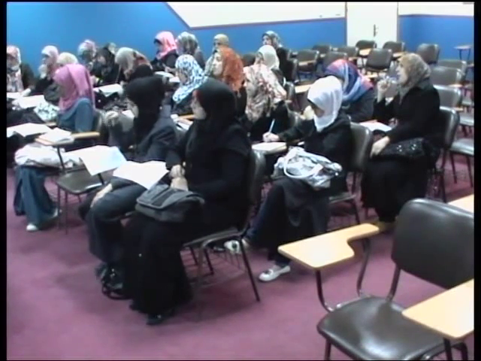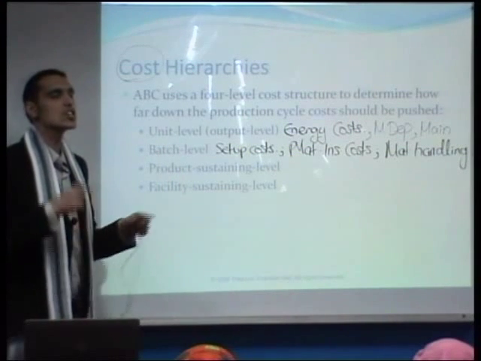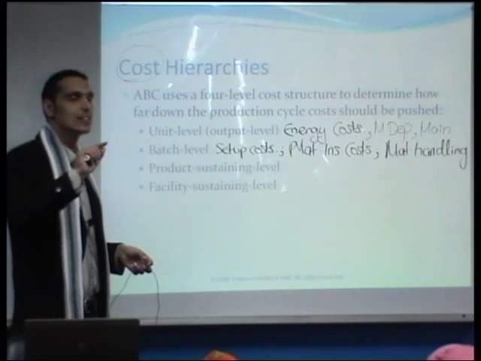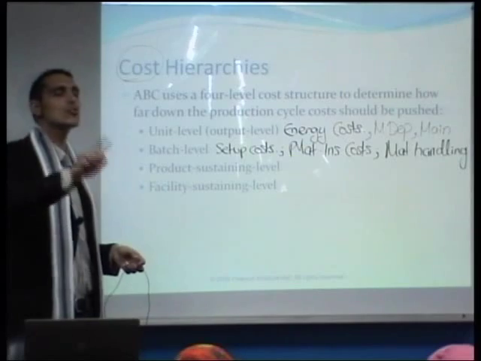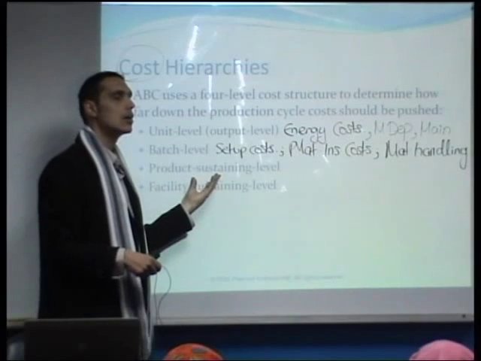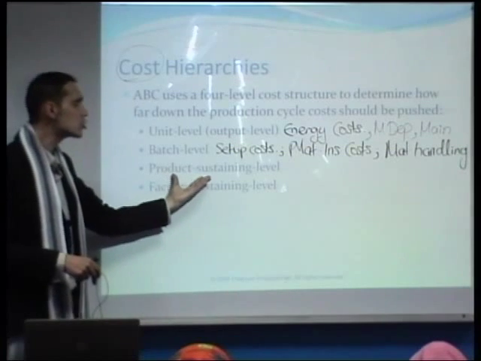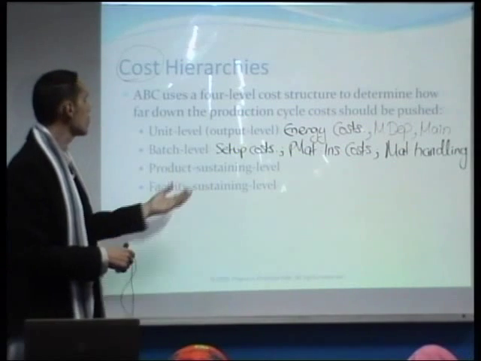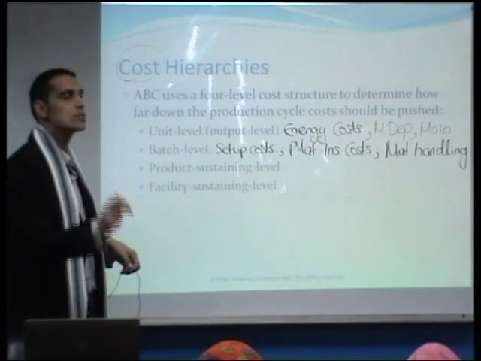Therefore, this type of cost is related to the support of a specific product, and it is not related to the individual units that are produced, and also is not related to the group of units being produced for a specific product or service. That means that this cost is giving support to the product as a whole, regardless of the number of units being produced.